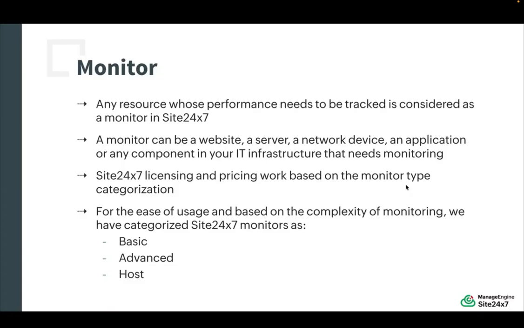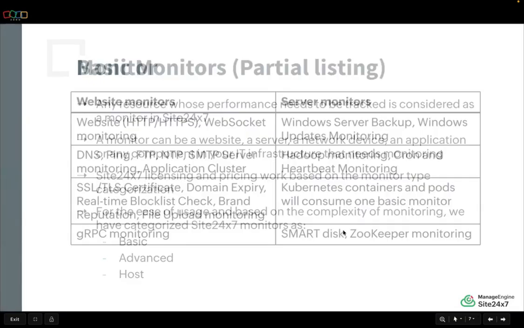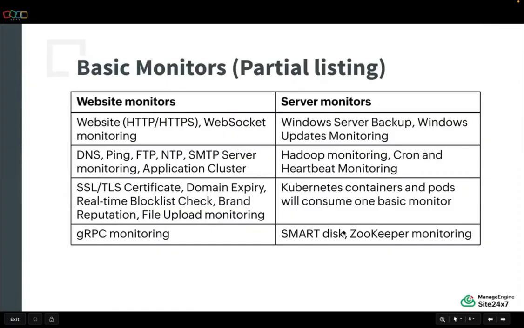Also here the license is segregated based on basic, advanced, and host. We'll see how the basic monitors and advanced monitors are segregated based on license. All the light check monitors, with limited performance metrics, are considered basic monitors in Site 24/7. A few of the basic monitors are listed here.